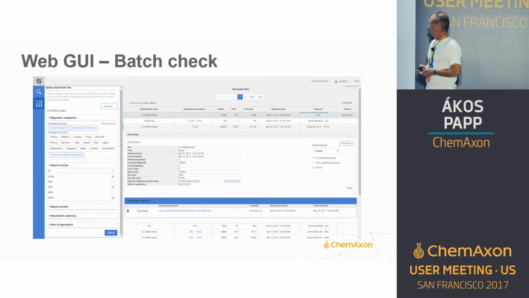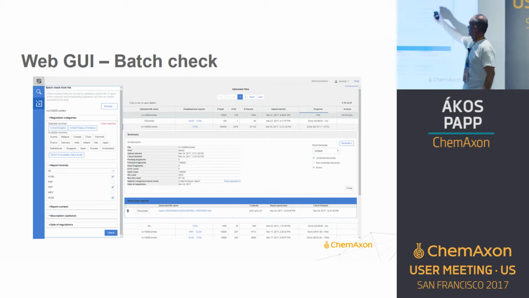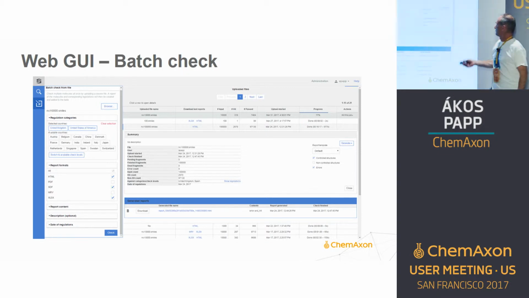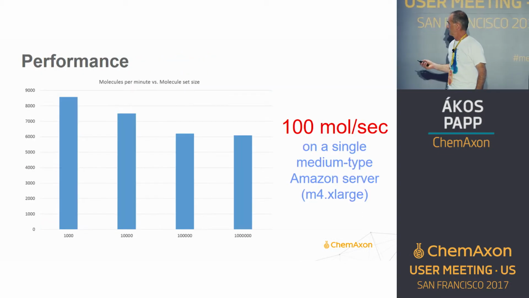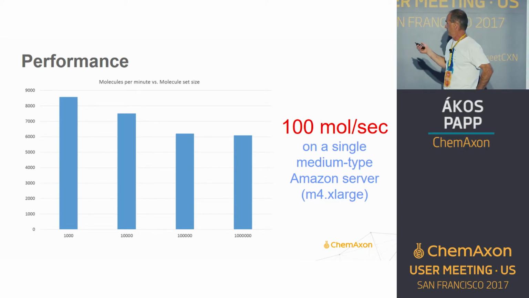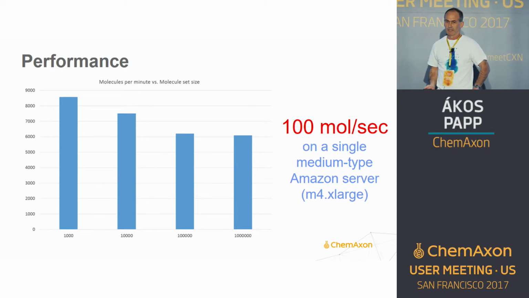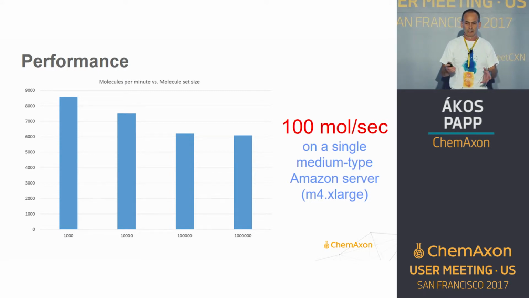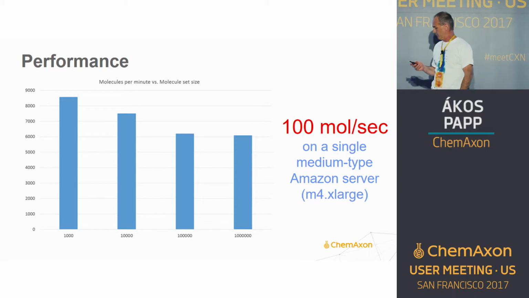And it's also important, I don't know if you can see that, 100,000 structures were done in 1,000 seconds. So this is an important aspect: on a medium-type server, we have 100 molecules per second. And it scales up almost linearly with the number of CPUs or number of servers. So if it is important to run big sets quickly, you can easily scale even higher.